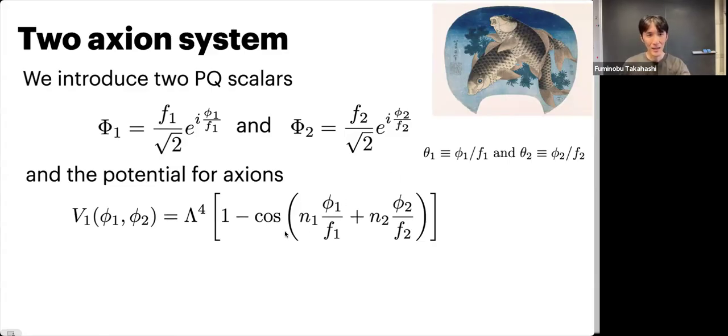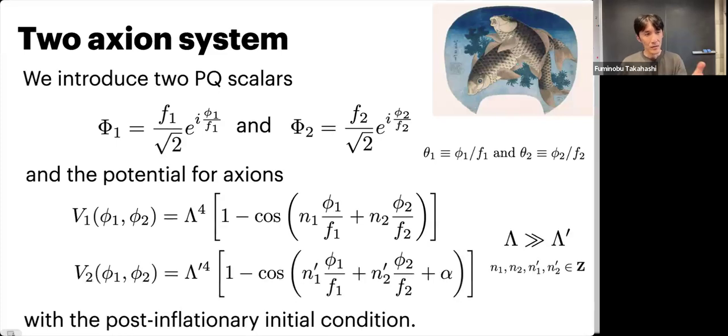Lambda is a dynamical scale that determines the potential height, and N1 and N2 are anomaly coefficients, and they are integer numbers. Due to this potential, this combination of phi1 and phi2 becomes massive, and the orthogonal direction remains massless. If we want to apply this model to the QCD axion, we want to identify the remaining almost massless direction with the QCD axion.